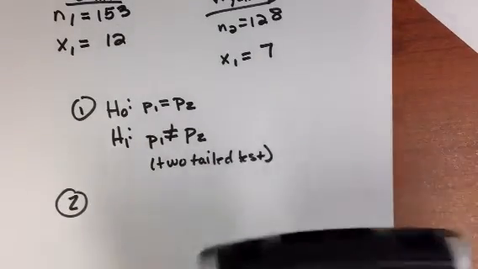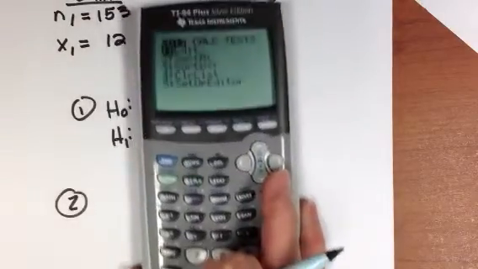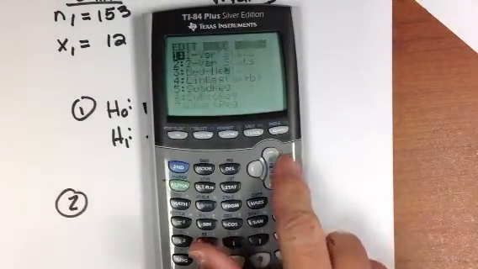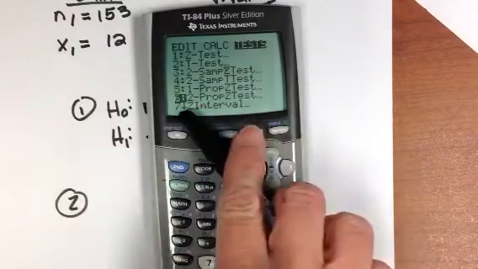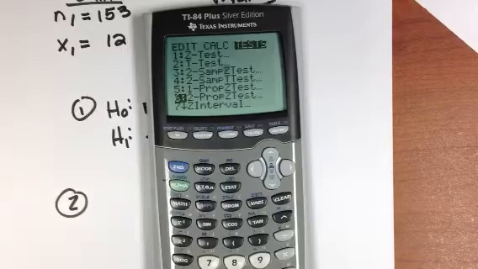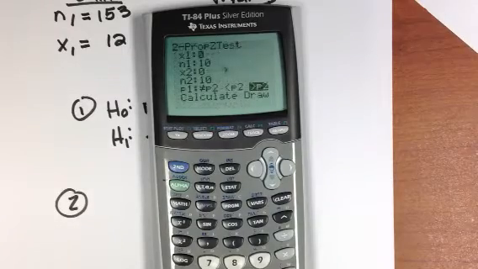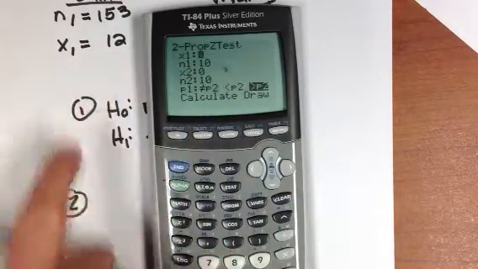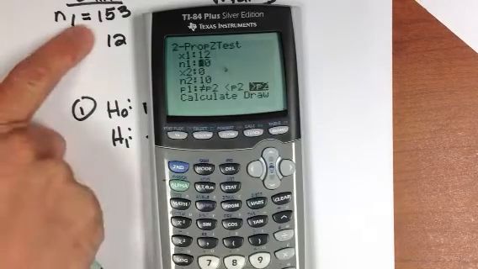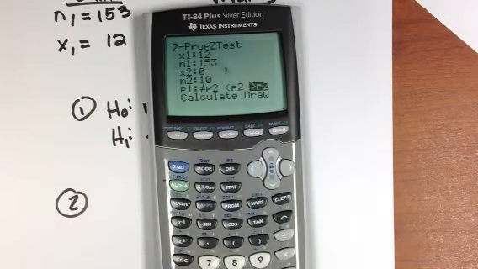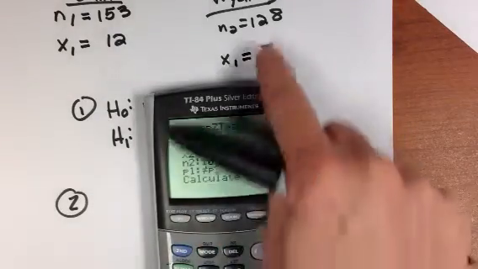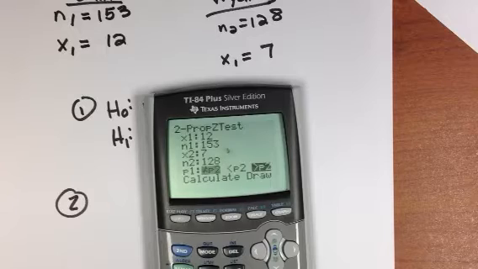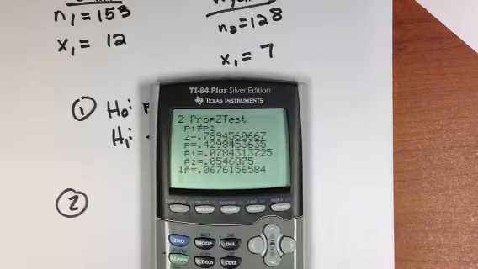Okay, step 2 is let's go ahead and do our test statistic. So we're going to go on our calculator, go to Stat, Test. Since we're dealing with proportions and we have 2 of them, we're going to go down to number 6, 2-PropZTest. So our X1 for our first sample was 12, N1 is 153, X2 is 7, N2 is 128, we're testing not equal to, and I'm going to calculate.